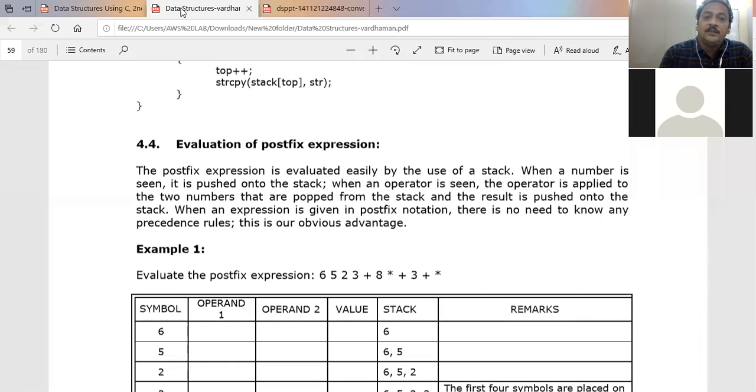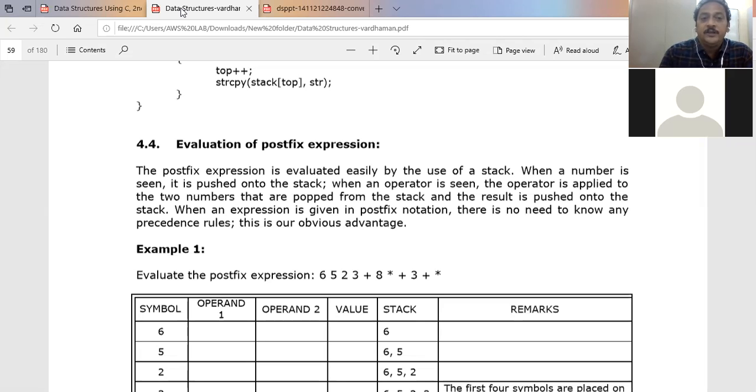What are the considerations for precedence check? A highest precedence operator can be placed over a lower precedence operator, but a lower precedence operator cannot be placed on a higher precedence operator. Plus and minus are lower precedence, and division, multiplication and other operators like percentage come under higher precedence operators.